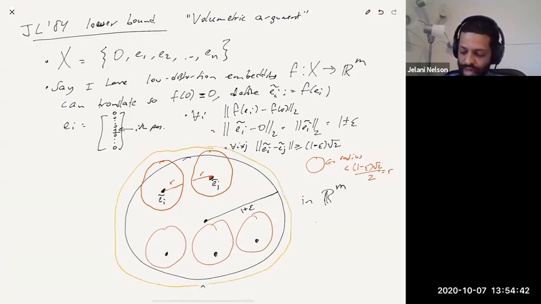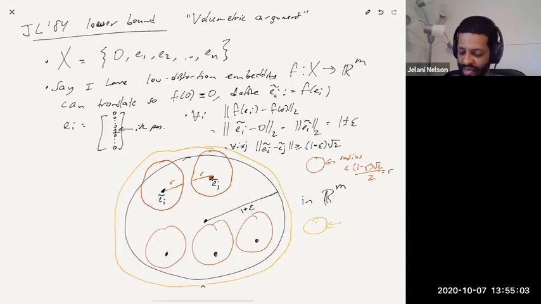Right? This yellow ball here, so what do I know? I know that e_i tilde has norm at most 1 plus epsilon. And then this ball has a radius of (1 minus epsilon) root 2.